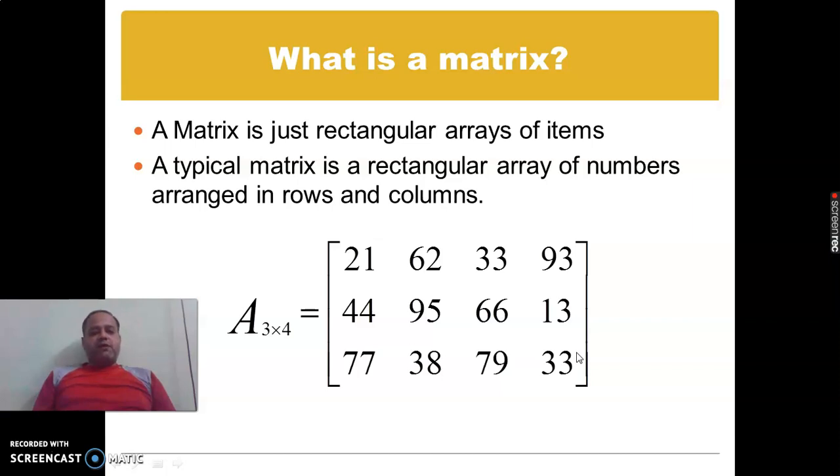Many times that shape will be a square. So there are two types regarding the shapes. First is the rectangular matrix and the other is the square matrix. For the square matrix, moreover, we will study in the next slide.